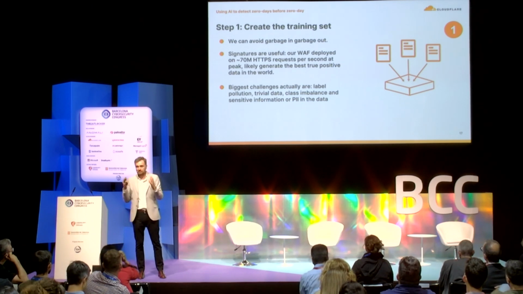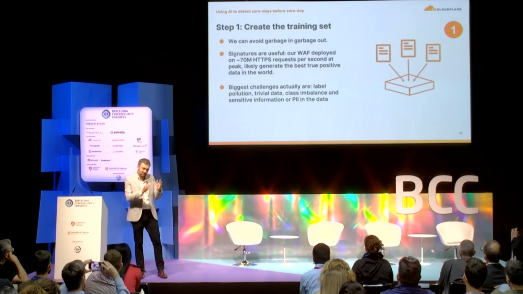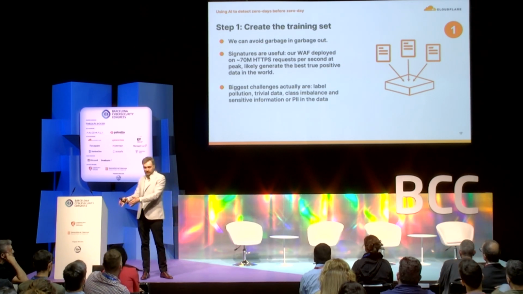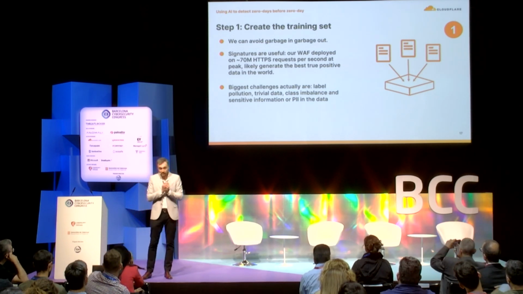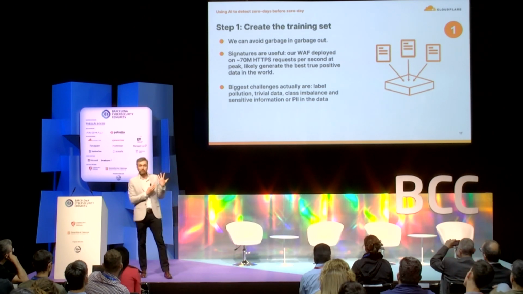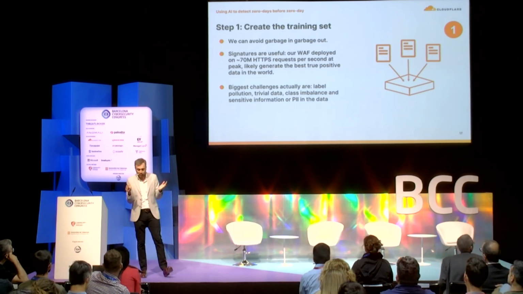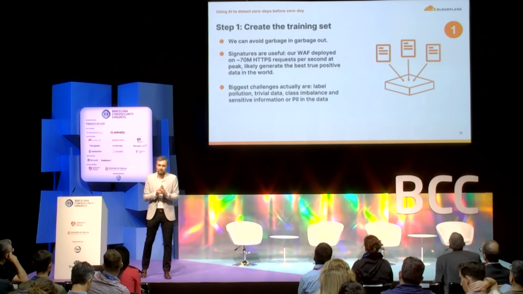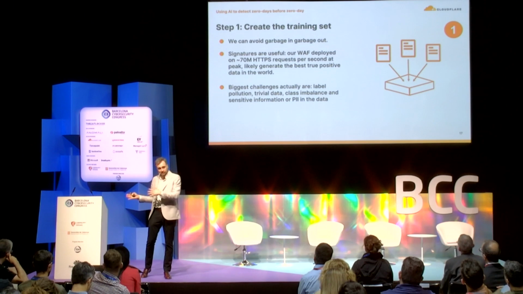So you need something that tells the machine this is what bad traffic looks like and this is what good traffic looks like. And fortunately, we're in a good spot here because, again, we process so much traffic at peak, around 70, 80 million requests per second. We have signatures and rules already running, so we can generate this stream of attacks.